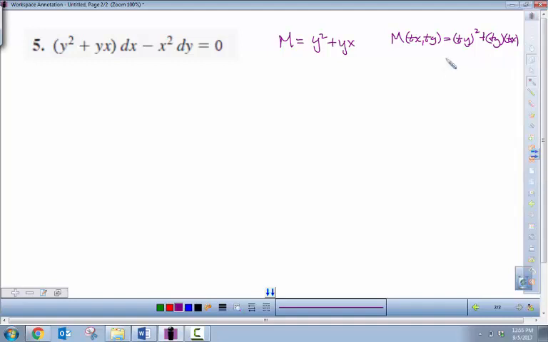And then if I factor out a t squared, I have a t squared times the original M function, and so I can say this is homogeneous of degree 2.